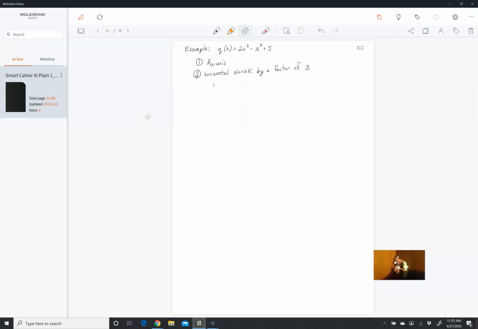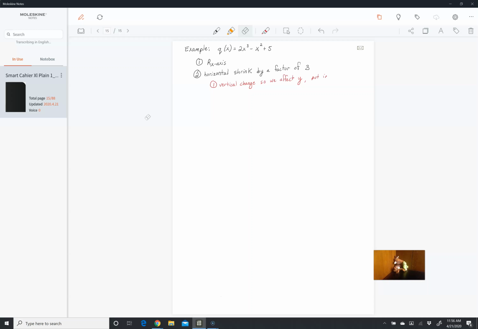So a reflection in the x-axis tells us it's a vertical change. So we affect y. That means essentially you're taking your whole function and you're putting it in parentheses. It's a reflection, so we add a negative.